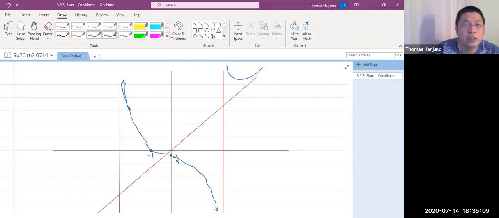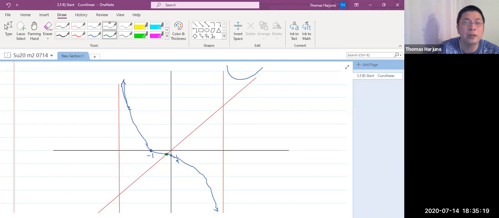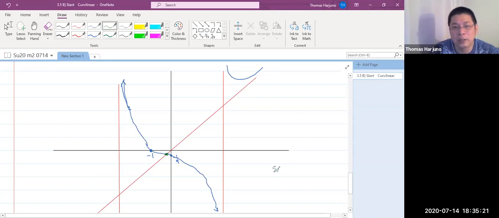Now, can we find out the intersection here, or if there's any other intersection anywhere else? There could be other places. To find the slant asymptote intercept, I set the function equal to the slant asymptote and solve.